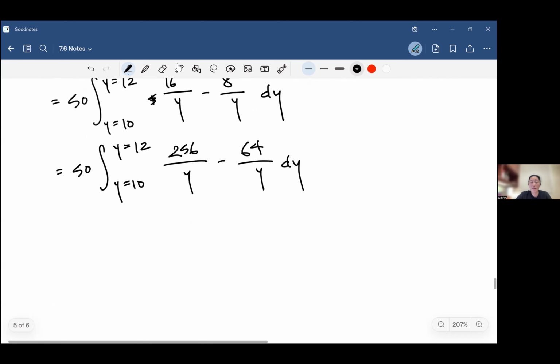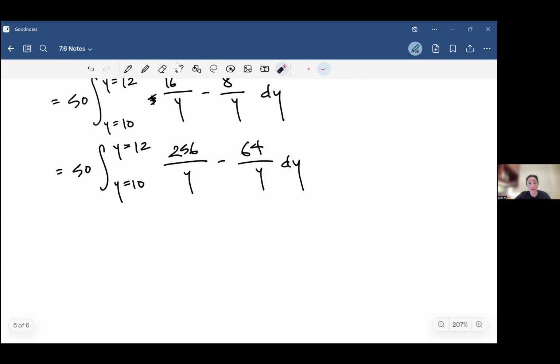Okay, now be careful here. We cannot just subtract these fractions, or can we? This is a good question to ask yourself. When is it okay to combine fractions? And I think it depends on what the operator is in between. So in this case, I have a subtraction and I have a common denominator.